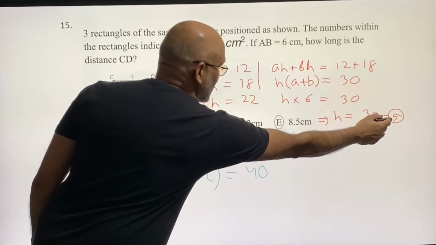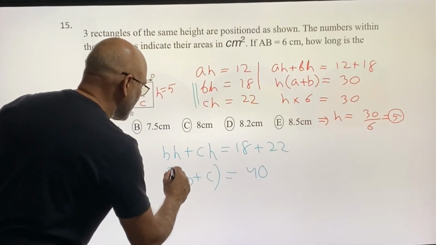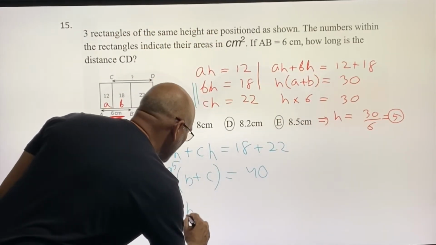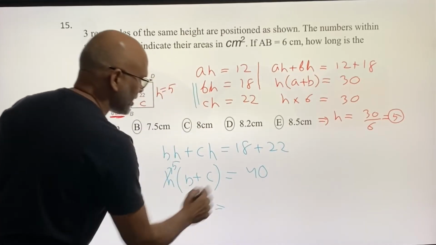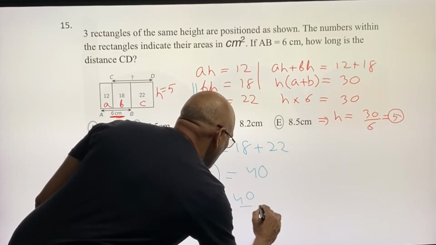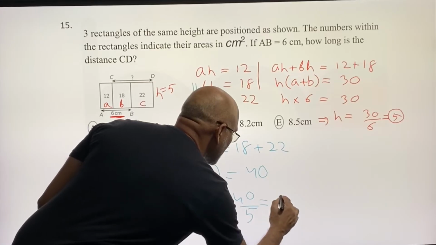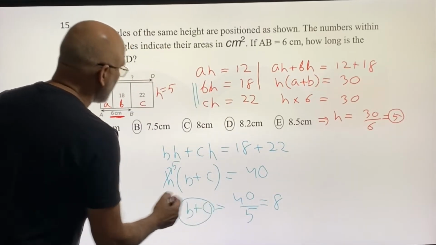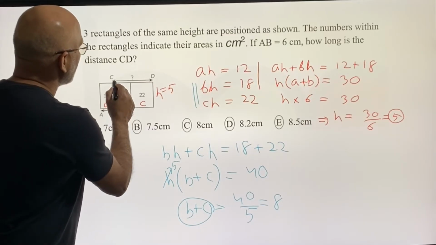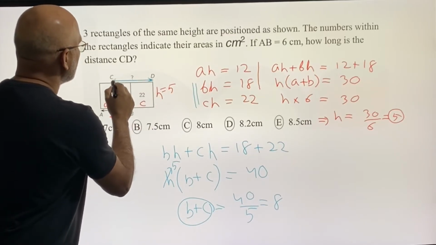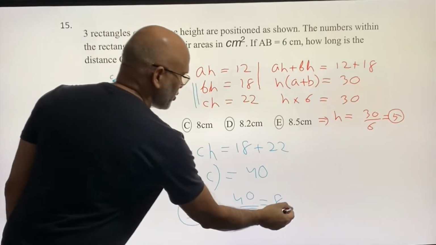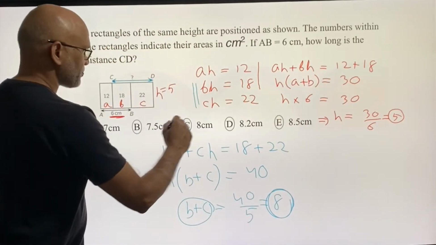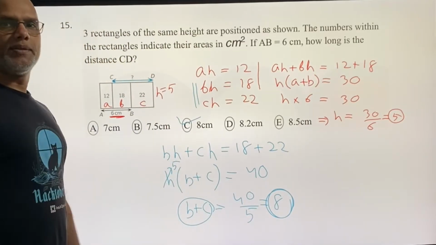But I know h is 5. So B plus C is then 40 over 5, which is equal to 8. Right? What is B plus C? B plus C is CD. That is what we are looking for, right? So we get the same answer, of course. C is the correct choice.